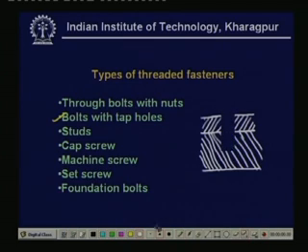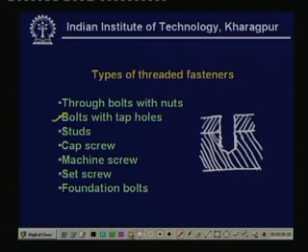It is not a through hole, but what is known as a tap hole. This is the tapped part, and it has screw threads here.